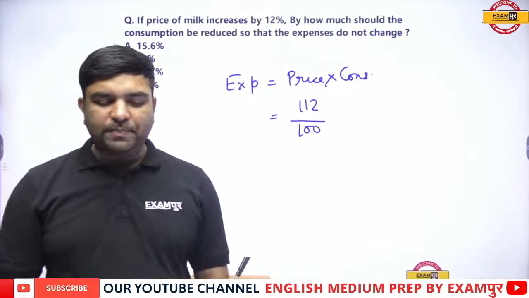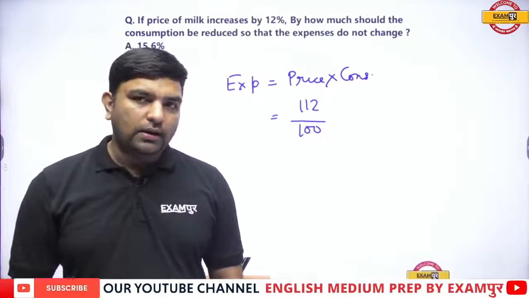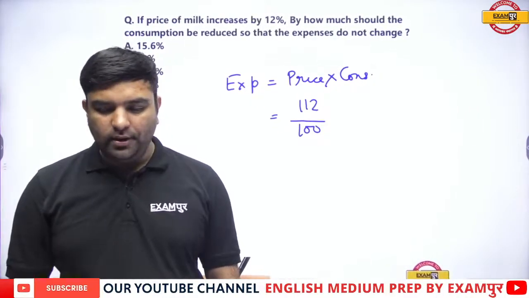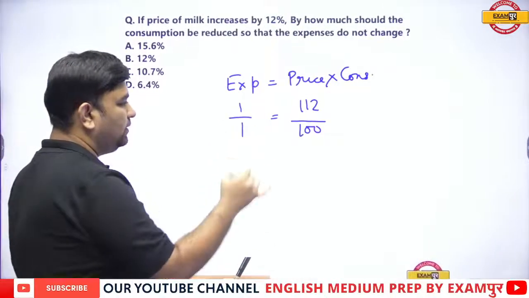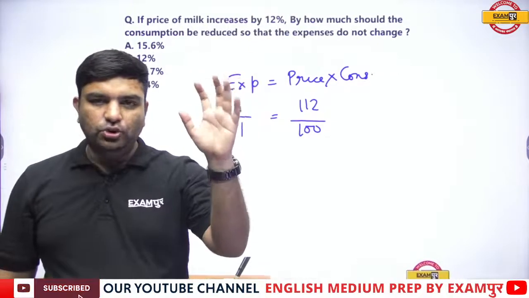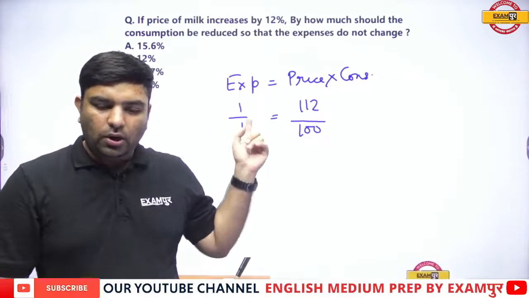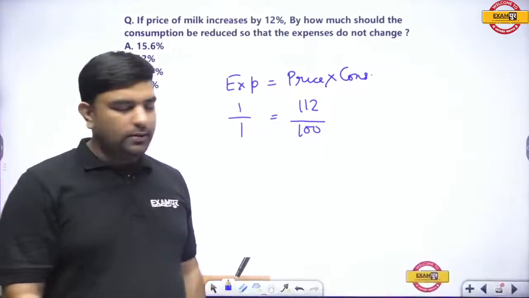You want expenditure to not change. Can I say it is 100:100 or 1:1? If you want expenditure to not change, it should be in the ratio 1:1, or you can say 100:100, which will ultimately reduce to 1:1.